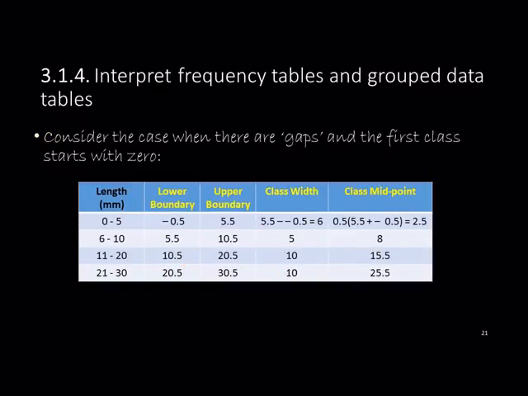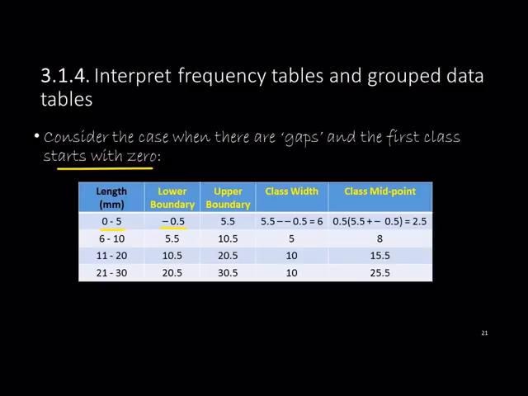One special note to consider is when we do have gaps, but our first class starts with a 0, as we do here. Now this is a length, and usually you would think a length cannot take a negative value. But for consistency, when we choose our first lower boundary, we do use a negative value.